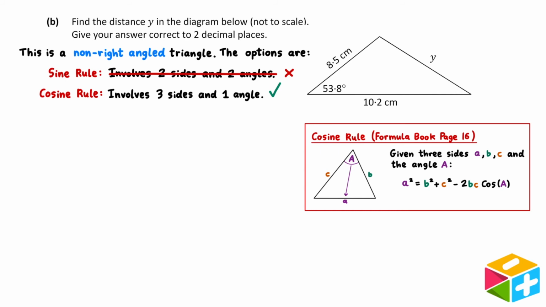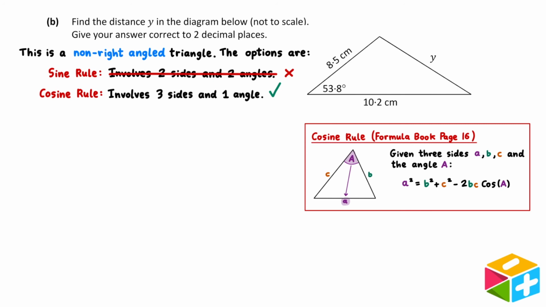It says that given 3 sides, a, b, c, and the angle capital A, a squared is equal to b squared plus c squared minus 2bc times the cosine of capital A. As before, the labelling convention is to use capital letters for angles and the lowercase equivalent for the side opposite that angle.